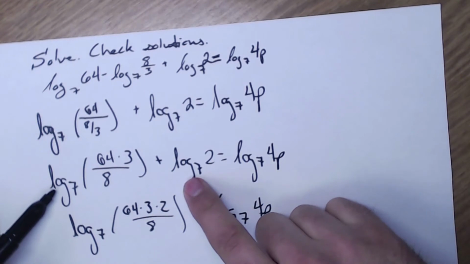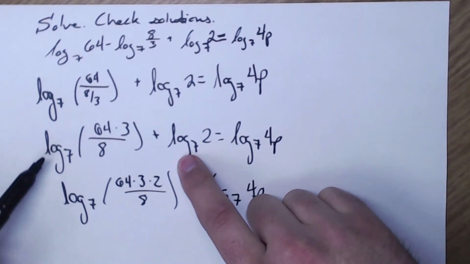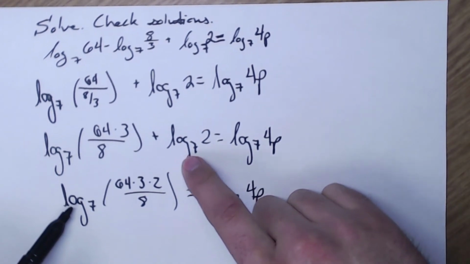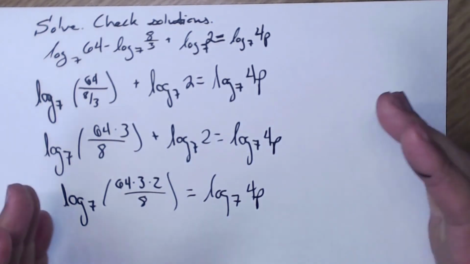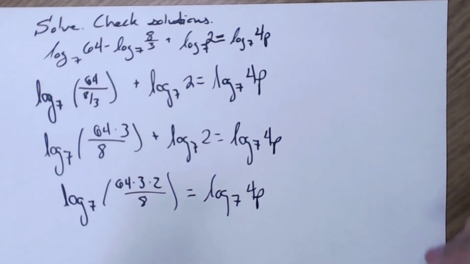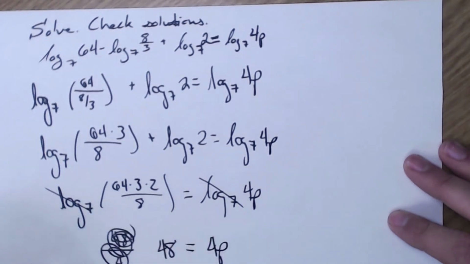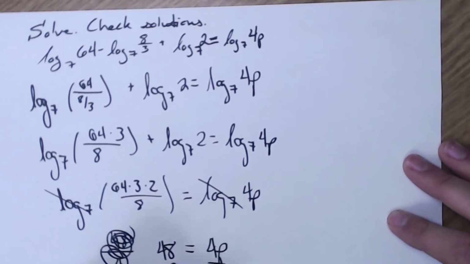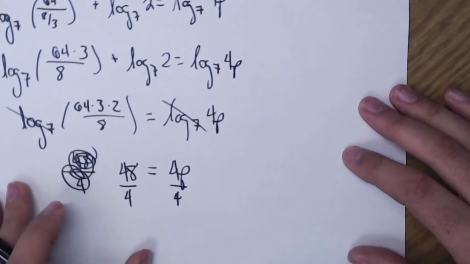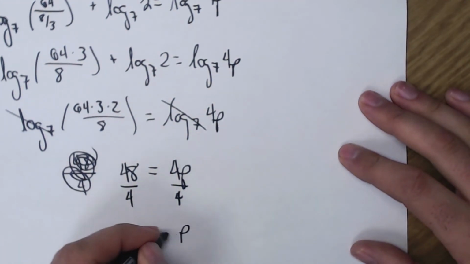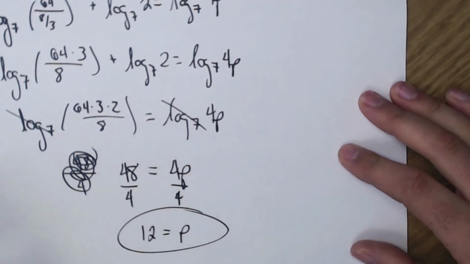Notice I went from things that had 2 logs to now it only has 1 log. That's the goal with this. I want to first try and combine everything down so I have fewer logs. Then I'm going to try and have those logs cancel. P on the right, I divide by 4, I divide by 4. Now you can see it, and I have p equals 12.